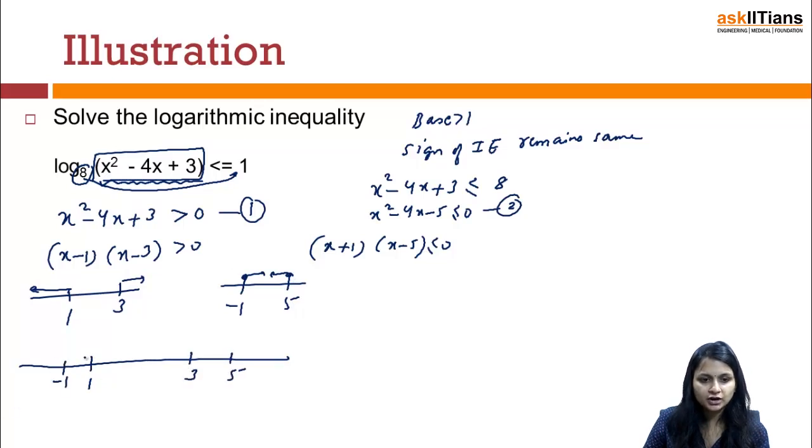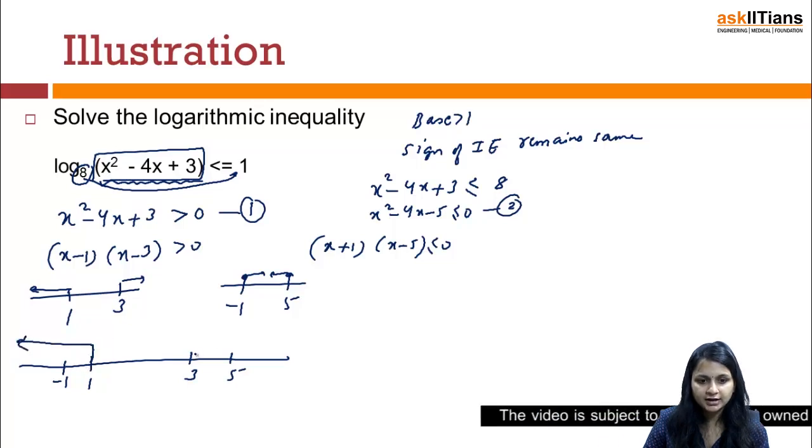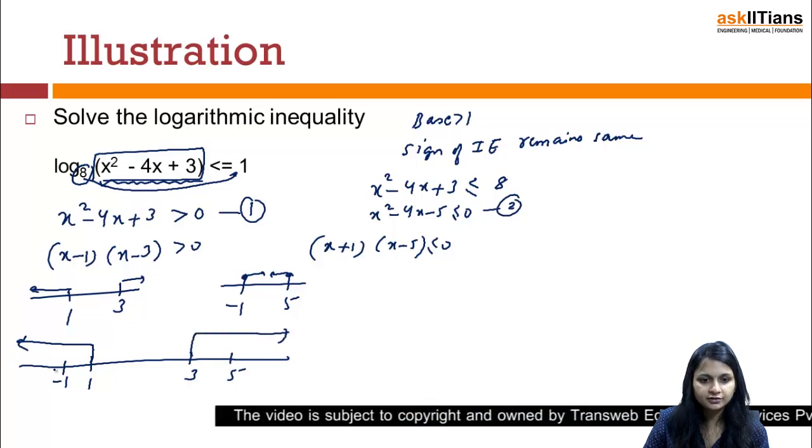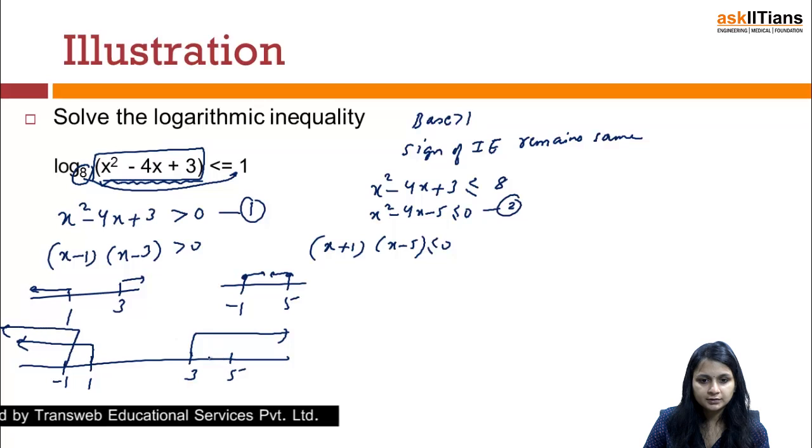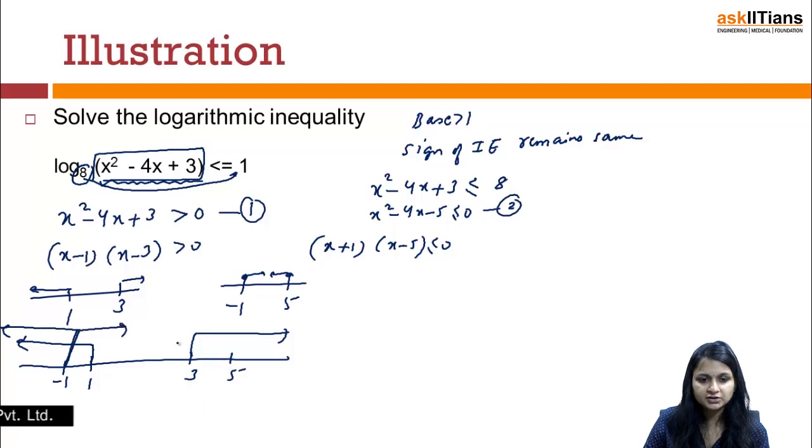So in one I had the solution, this one and this one, and in the other I have minus 1 to 5. You can see the intersection region, this is my intersection region and this is my intersection region, where minus 1 is included and 5 is also included.